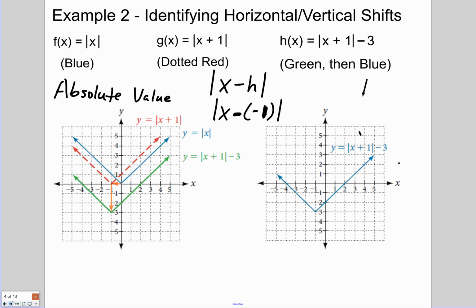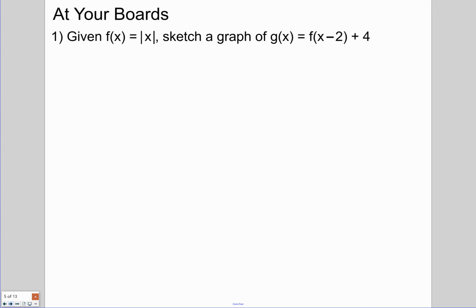Okay, here's what you're going to try. All right, so this is where I want you to stay at your seat. You've got a whole blank page where I want you to write down how this is going to move. All right, so we have f of x equals the absolute value of x. What's happening inside the parentheses?